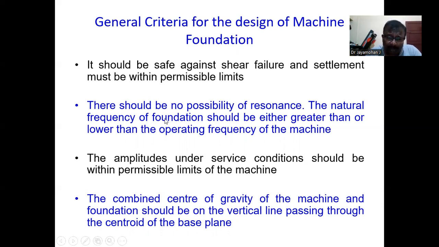Then the most important thing is there should not be any possibility of resonance, because the operating frequency of the machine and the natural frequency of the foundation should never come close to each other. If they come close, it may cause the phenomenon called resonance, where the amplitude will be very high and definitely it will damage the foundation and the structure.